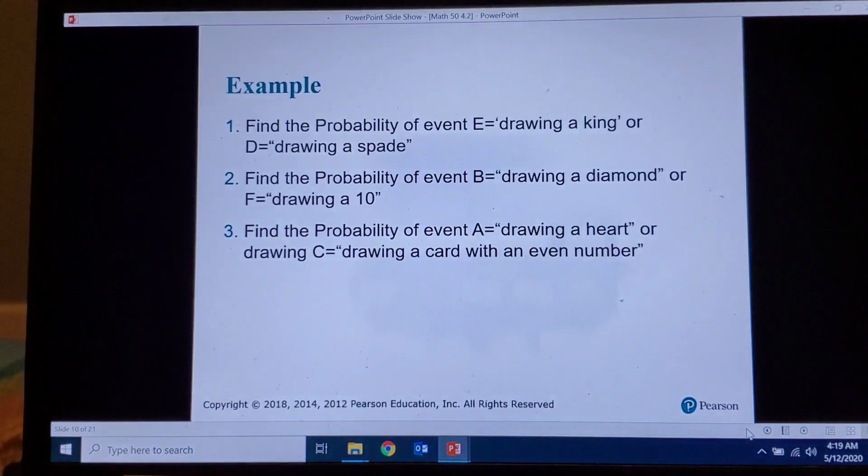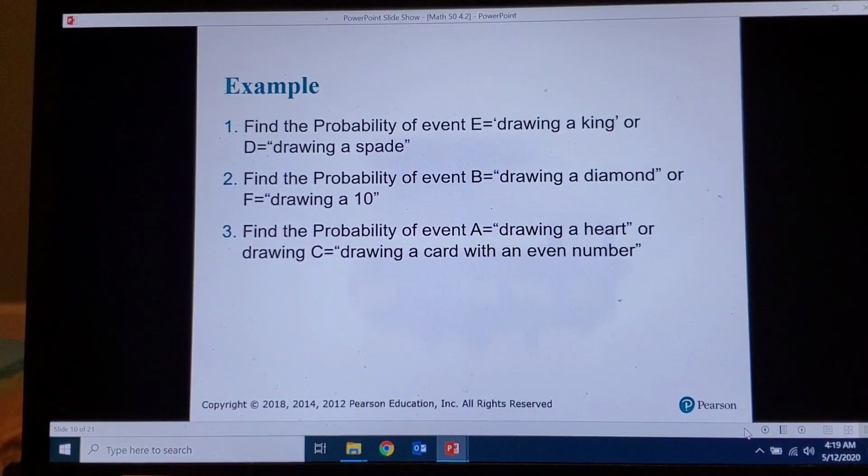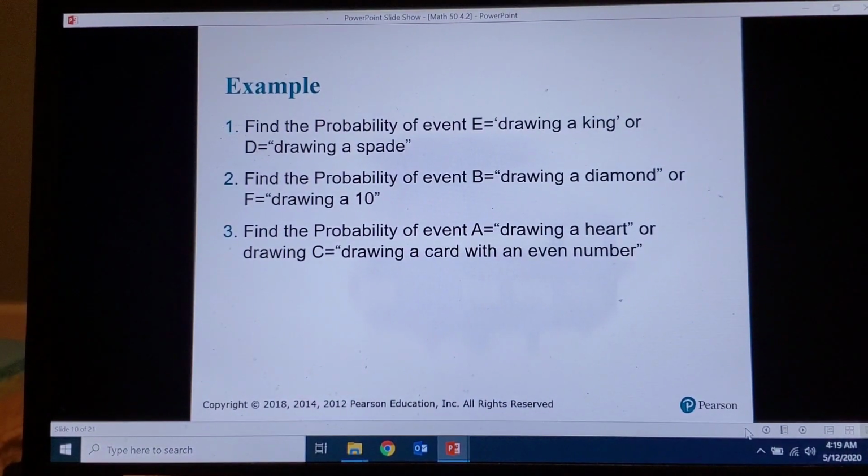So that means when we're doing this last one, find the probability of drawing a heart. Well, we know there's 13 out of 52 hearts in a deck of 52. But plus, we have to draw a card with an even number.